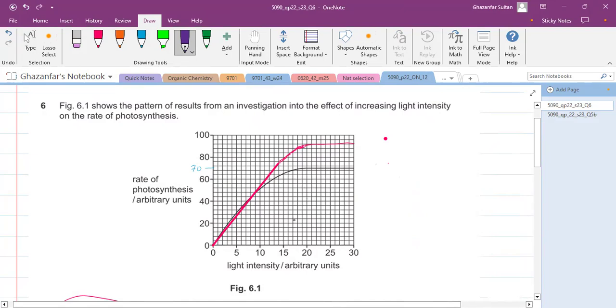Because light is one of the limiting factors, if more carbon dioxide is there, then definitely it would give a higher rate of photosynthesis. But after the 20 arbitrary units, it must be constant. So from 19, your graph must have a horizontal line.